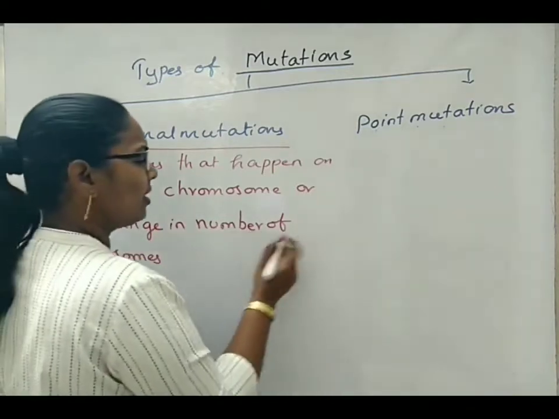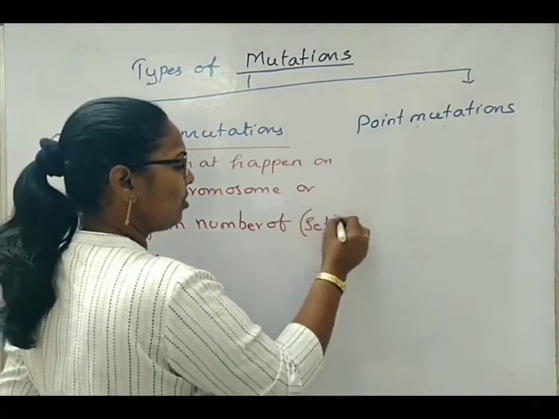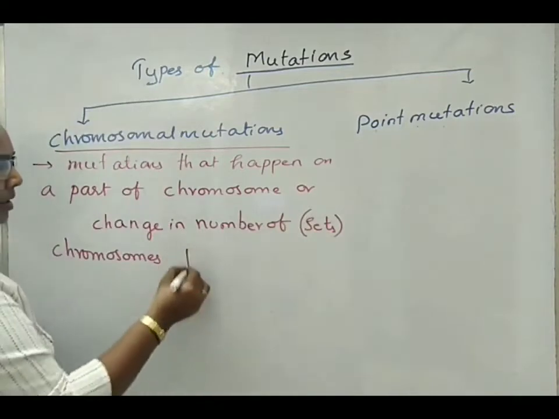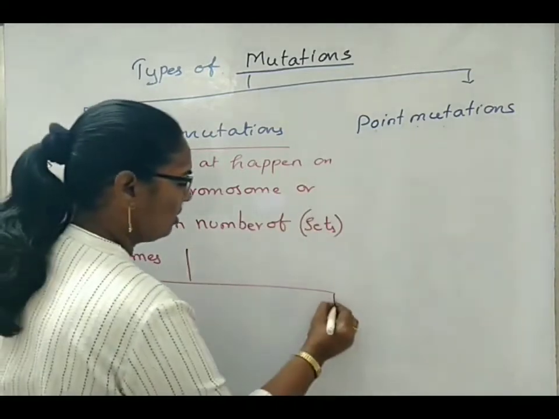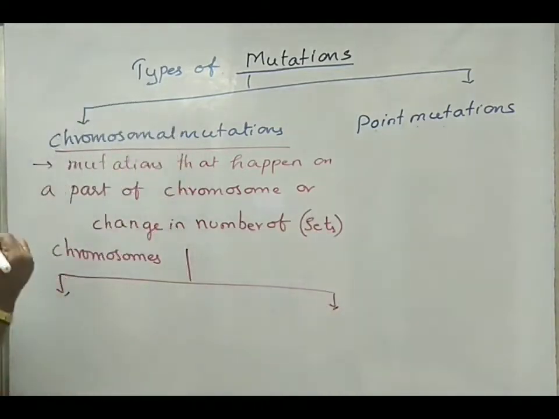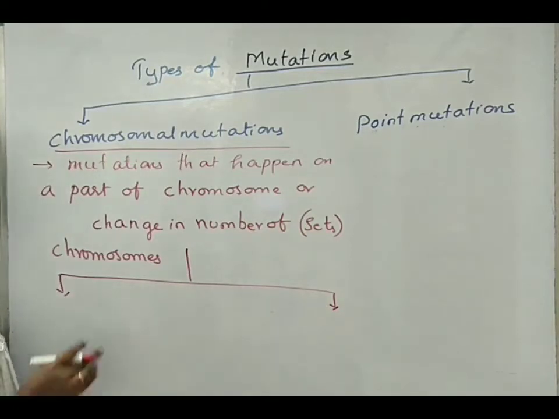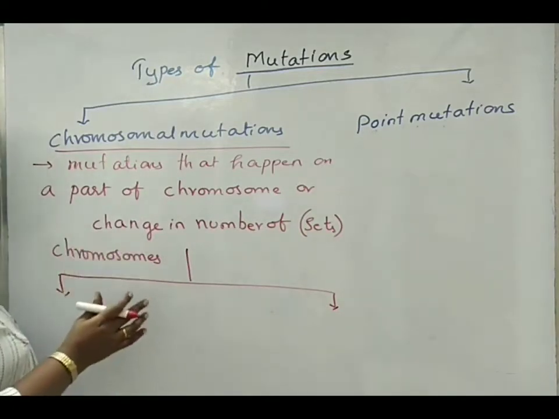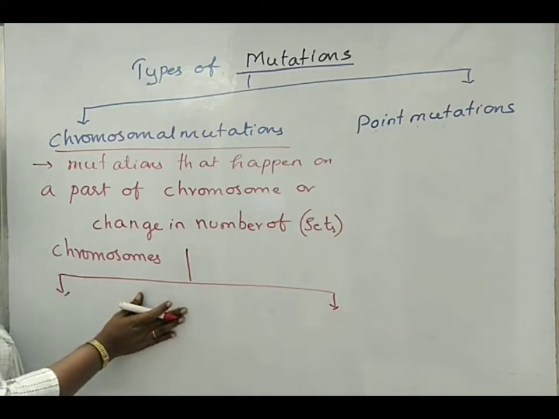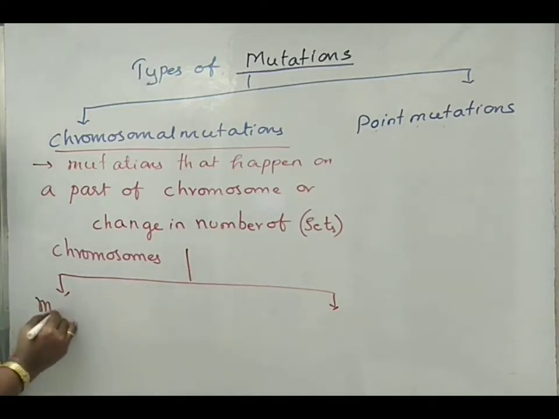It can be a change in the number of sets also. Those are chromosomal mutations. Means here we can see a change in the structure of the chromosome also. Again, these chromosomal mutations are of two types. One is morphological mutations.